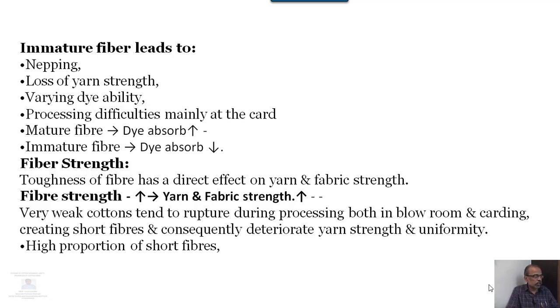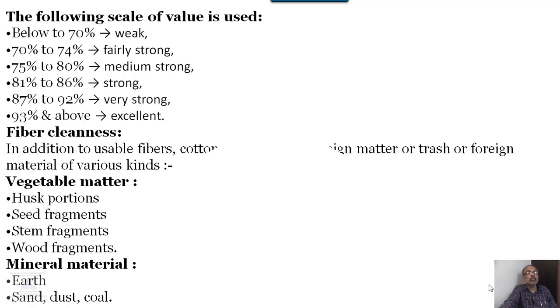In the fabric section, you must have seen the fabric assistance. So that is the contribution from the yarn in the fabric. When a high proportion of short fibers is there, in certain cases deterioration is likely to happen in the yarn strength, and not only that, the uniformity of the yarn will also come down. So that way the strength considerations are there.